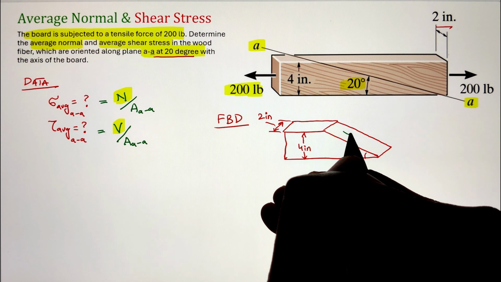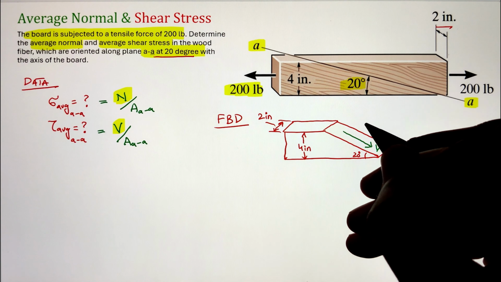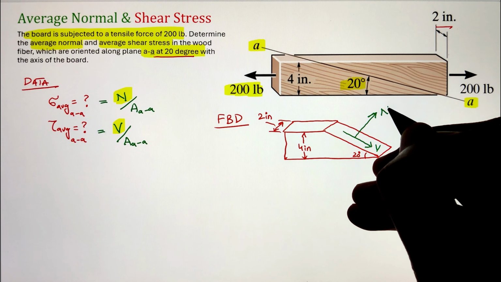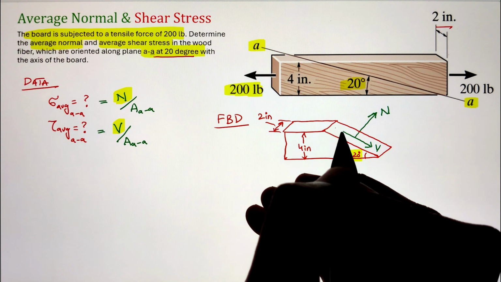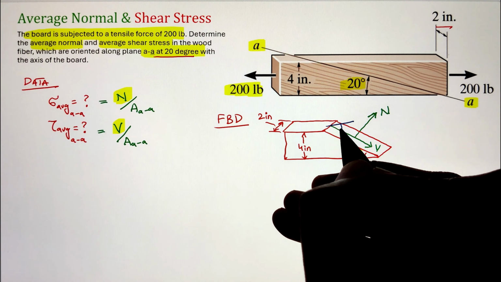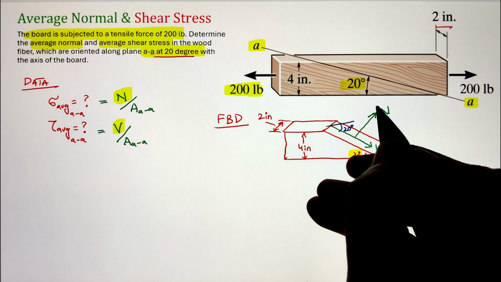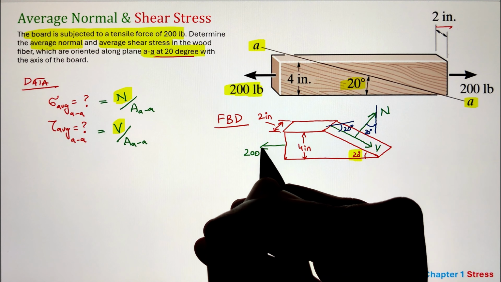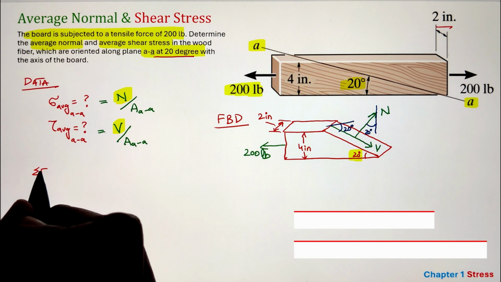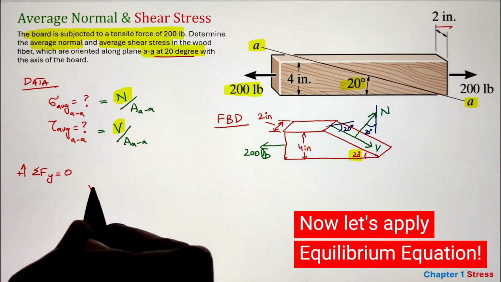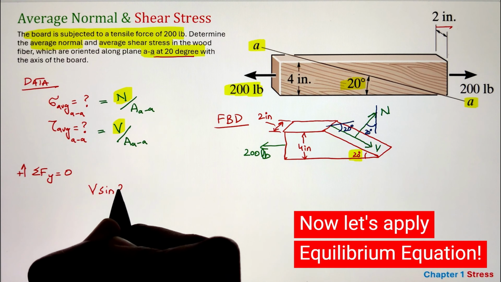Now, since we have made this inclined cut, the force that is acting along the surface or along the area is our shear force given by the variable V, whereas the force that is making 90 degrees with respect to the cross-sectional area, or that is normal to the surface, is our normal force given by the variable N. Since we have made that cut at a 20-degree incline with respect to the horizontal, our shear force is also making 20 degrees with respect to the horizontal x-axis, whereas the normal force is making 20 degrees with respect to the vertical axis as shown on the free body diagram.